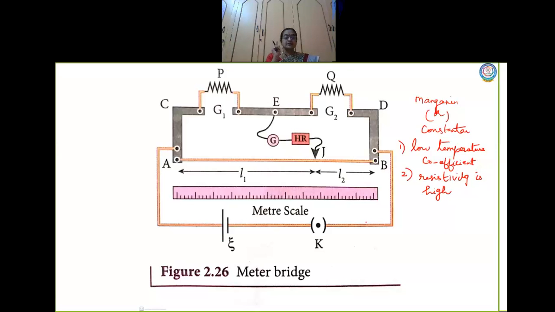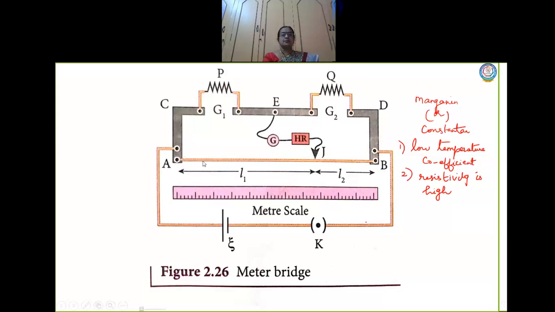Now as we did in the Wheatstone network, when the potential between the junctions B and D is the same, then I said the galvanometer will show zero deflection. Zero deflection in the sense that at that particular point there is no current. So here also it is the same.